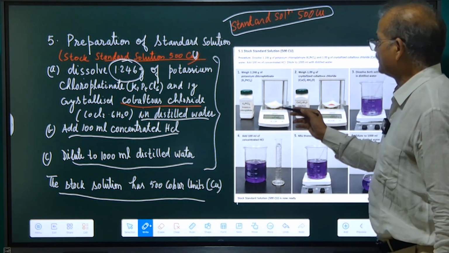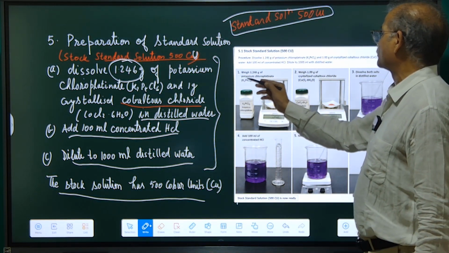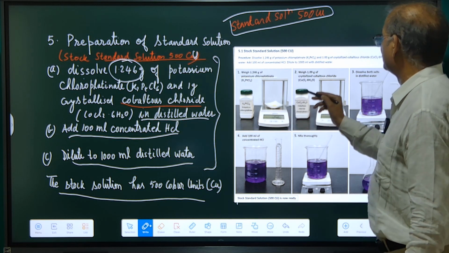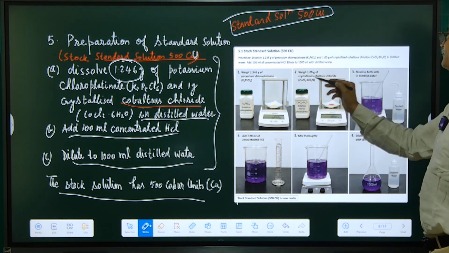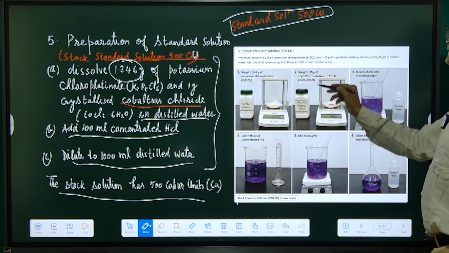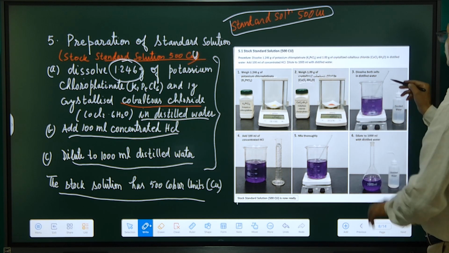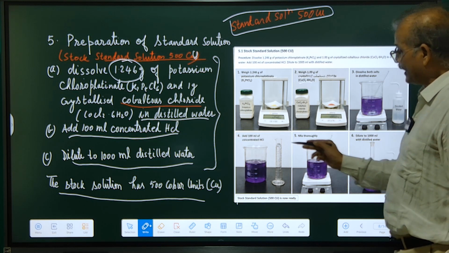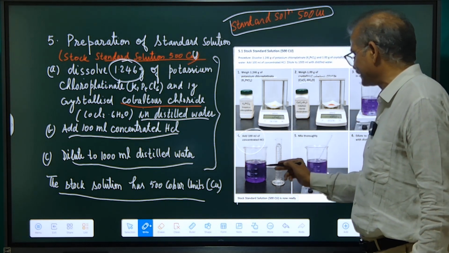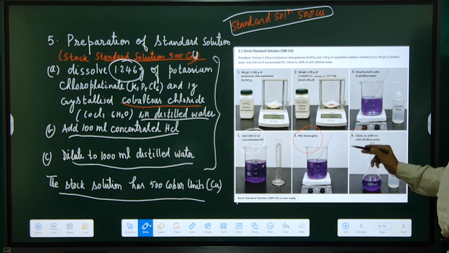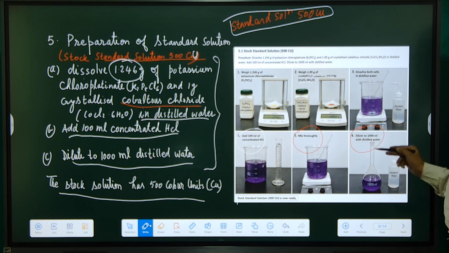We take potassium chloroplatinate, 1.246 gram, we weigh 1 gram of crystallized cobaltous chloride, CoCl2.6H2O, dissolve both salts in distilled water, add 100 ml of concentrated HCl, mix thoroughly, dilute to 1000 ml with distilled water. So this standard solution is ready.